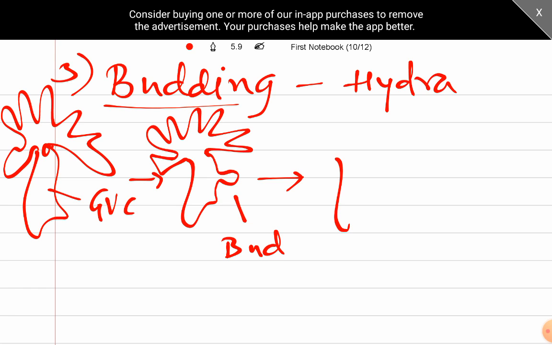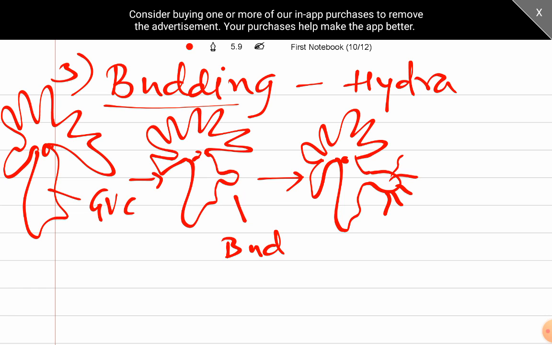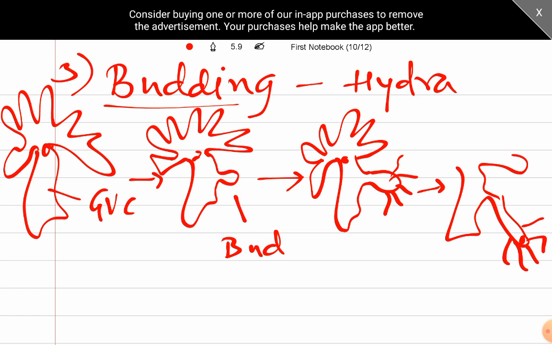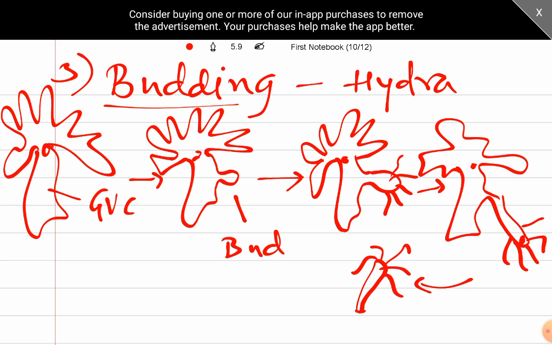Then in the next, you can see the bud is developed more with small tentacles developed. The original parent tentacles are still there with the mouth and all that. In the next diagram, you can observe this grows even larger with a mouth, and the parent is still there, and finally in the last stage the new hydra is formed with the original parent.